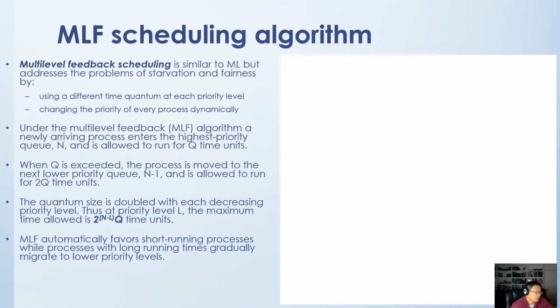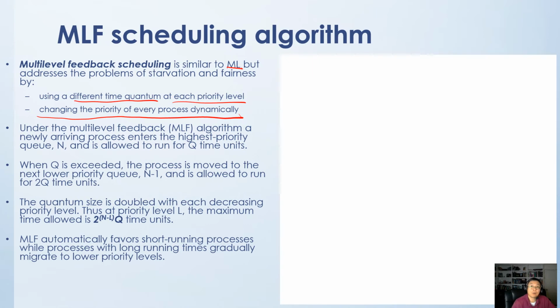Okay, let's introduce a new scheduling algorithm. It's called the multi-level feedback scheduling algorithm, MLF. The multi-level feedback scheduling algorithm is similar to the multi-level scheduling algorithm, but it addresses the problems of starvation and fairness by using a different time quantum at each priority level. It will change the priority of each process dynamically.